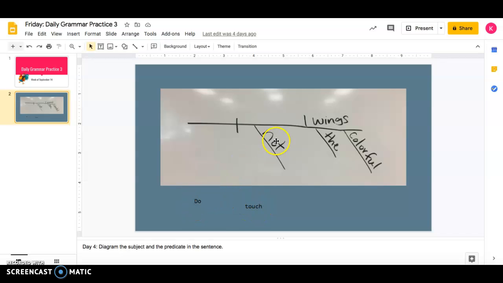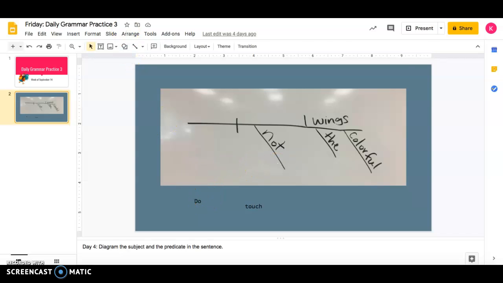And do and not are separated here because they are different parts of speech. We couldn't necessarily include don't up here because don't is a combination of do and not, and not is not a verb, it is an adverb, okay? So that's why it's on its own little separate slanty line here. It is modifying the word do.